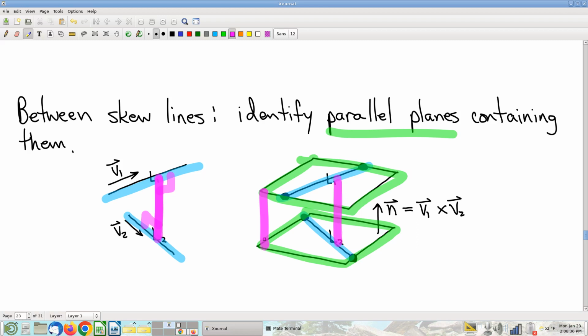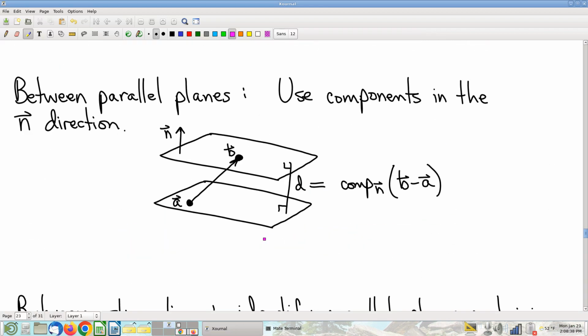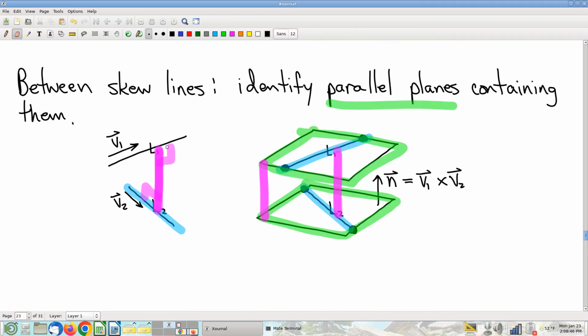How do we find the distance between those two parallel planes? Well, we already know how to find the distance between two parallel planes. Previously solved problem. So all that remains is how to find these parallel planes in the first place, and this is not that bad if you think it through. A vector parallel to L1 is also parallel to both of these planes.